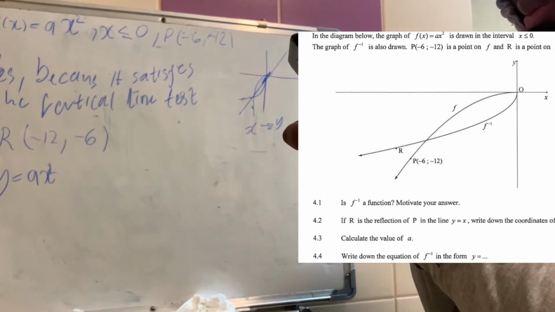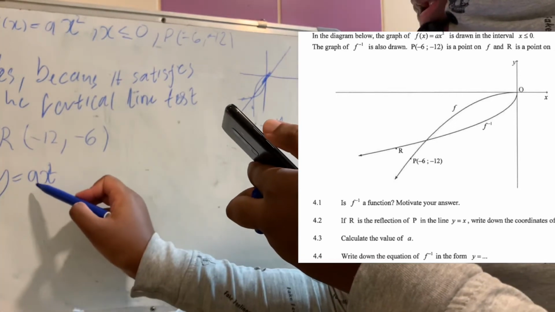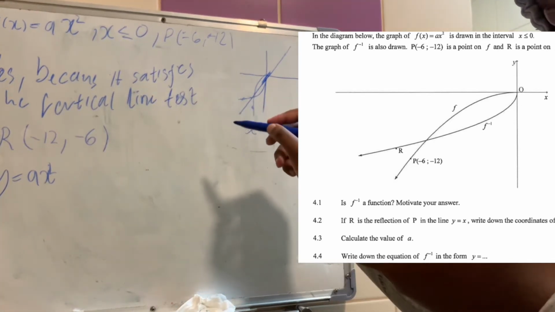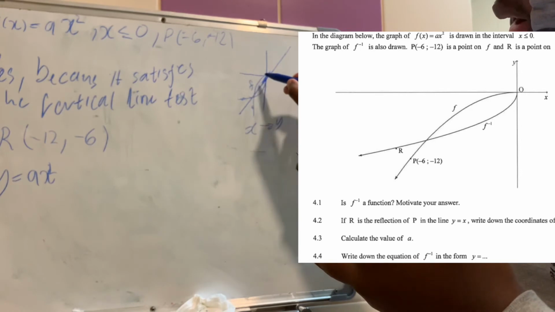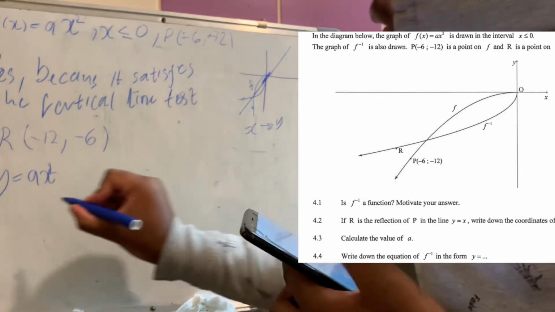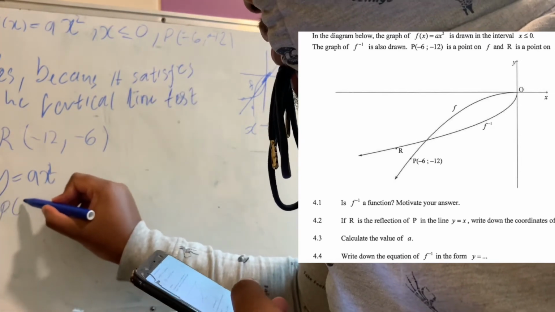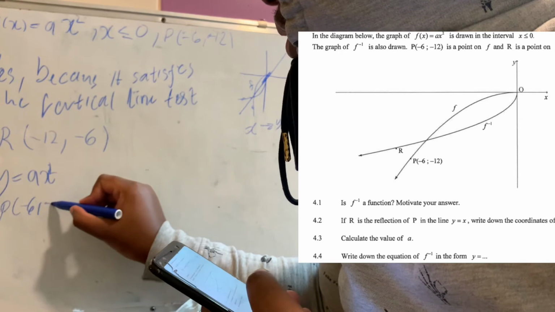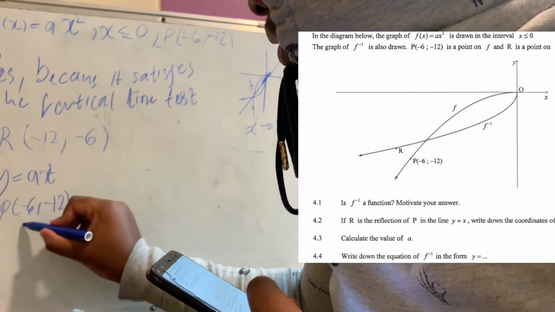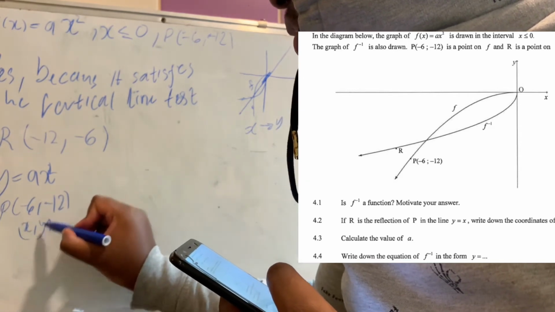Now, to calculate the value of a, we use the point P, minus 6, minus 12. So x is minus 6 and y is minus 12.